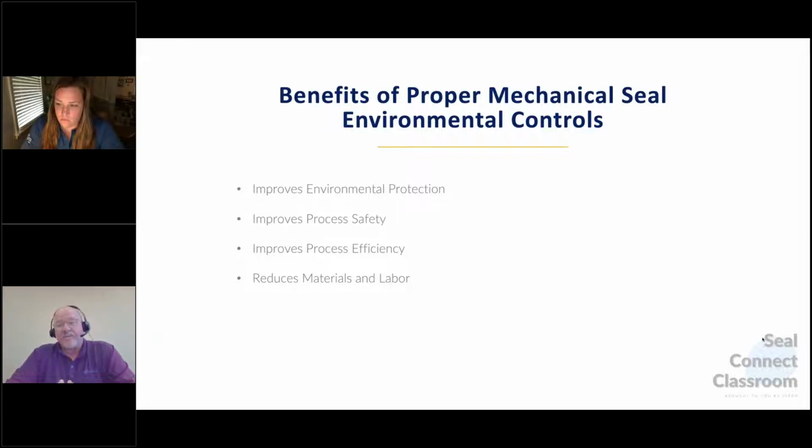And one of the things that people forget is that when we talk about improving efficiency, we're also talking about improving equipment availability to production. That's a cost, and downtime is a cost that we have to consider when we look at creating the correct environment for the seal to run in. So again, we're talking about the external environment, personnel safety, employee safety, housekeeping issues, and environmental impact on the world we live in. But now we're also talking about the internal environment that the seal has to live in to survive.